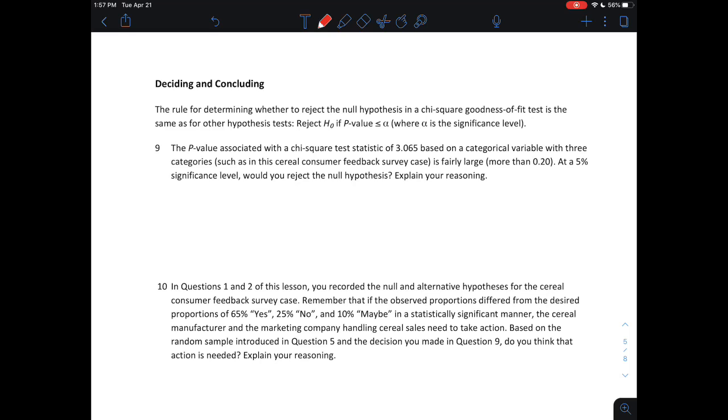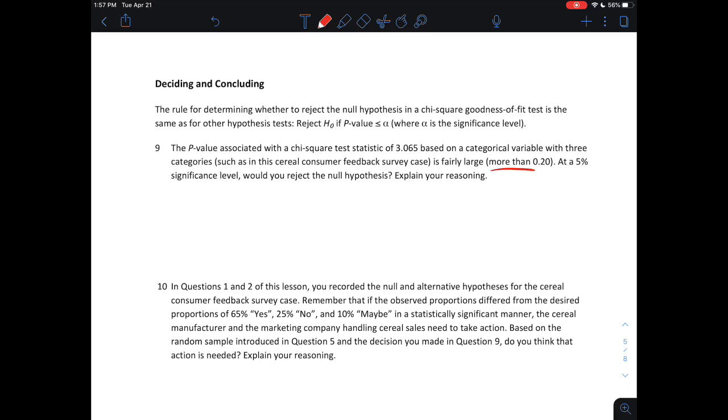Number 9, the p-value associated with a chi-square test statistic of 3.065 based on a categorical variable with 3 categories, such as in this cereal consumer feedback survey case, is fairly large. In fact, we'll be able to figure that out in the next section, but the p-value is more than 0.20. At a 5% level of significance, would you reject the null hypothesis?